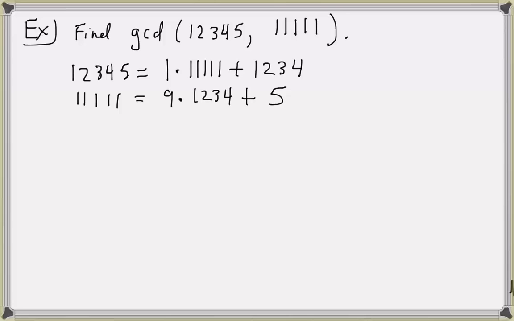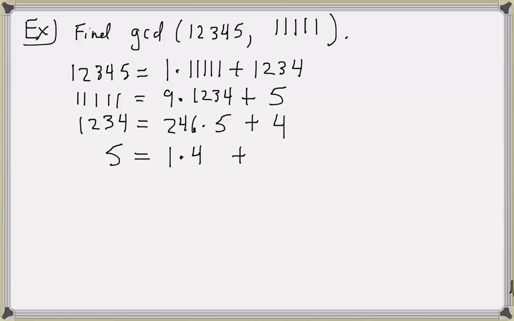Now I'm going to take the remainder of 5 and divide it into the previous remainder, 1,234. So 1,234 divided by 5 is 246, with a remainder of 4. 5, when I divide it by 4, is 1 times 4 plus a remainder of 1.